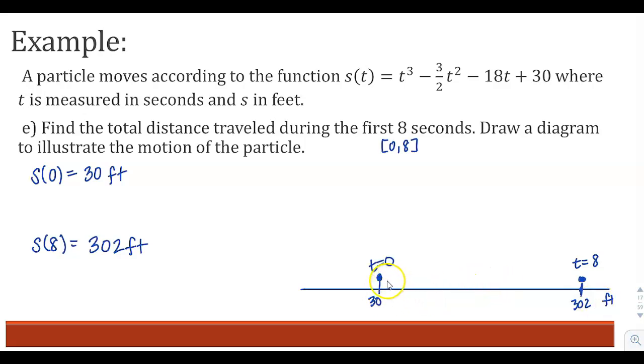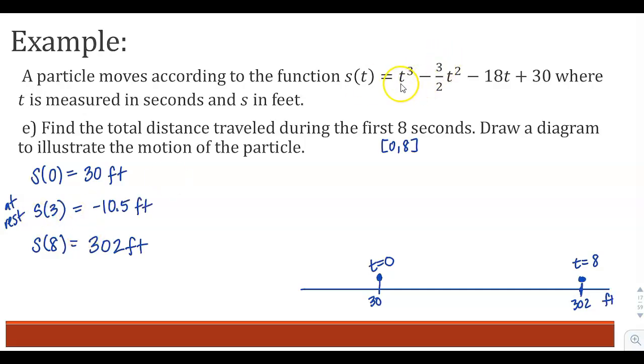But remember that distance covers the entire path. So I need to make sure that there was no stopping in between, because that might change things. But we do know that the object stopped between 0 and 8 seconds. From part C, we know that the object was at rest at 3 seconds. So we're also going to have to figure out what's going on at s of 3. At s of 3, it turns out that the object is at negative 10.5 feet.